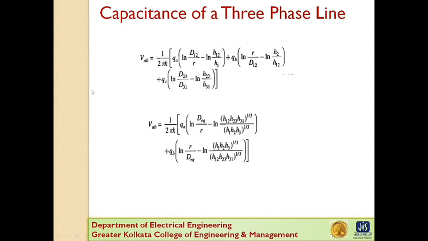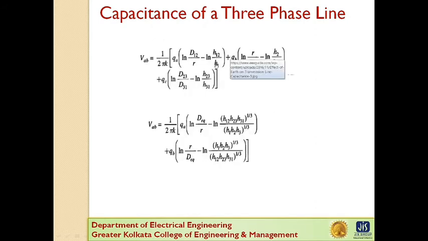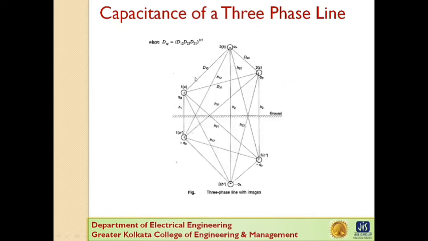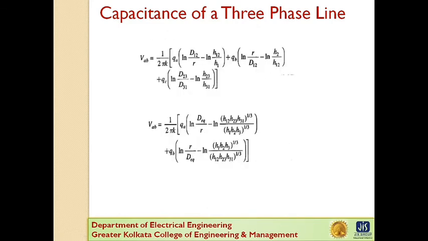VAB is equal to 1 by 2 pi K, QA in the first bracket ln D12 by R minus ln H12 by H1, plus QB ln R by D12 minus ln H2 by H12, plus QC ln D23 by D31 minus ln H23 by H31.